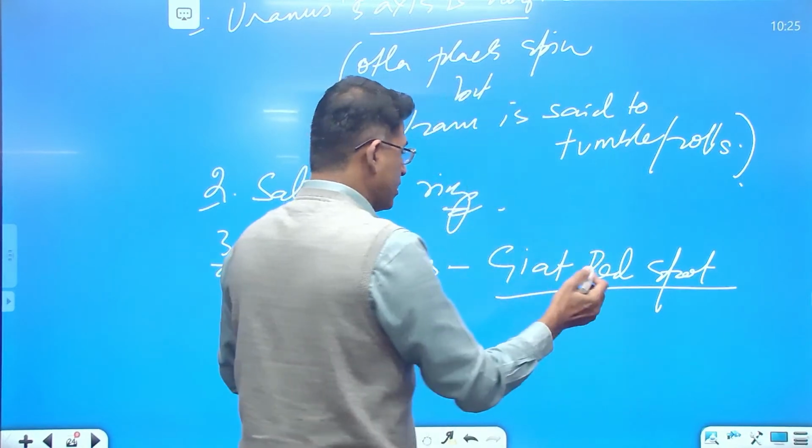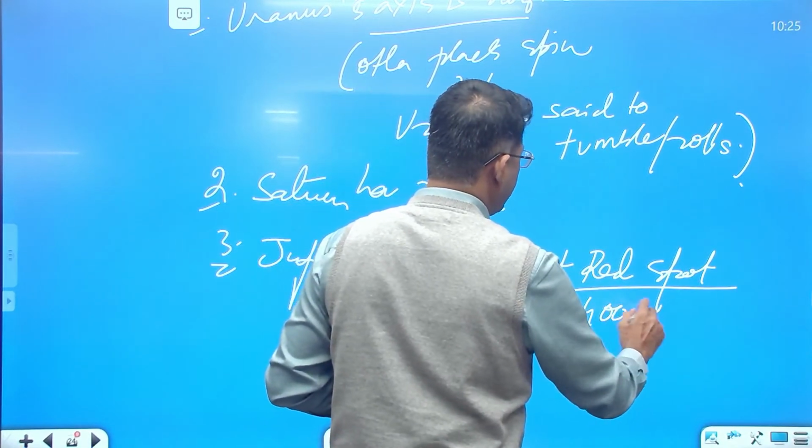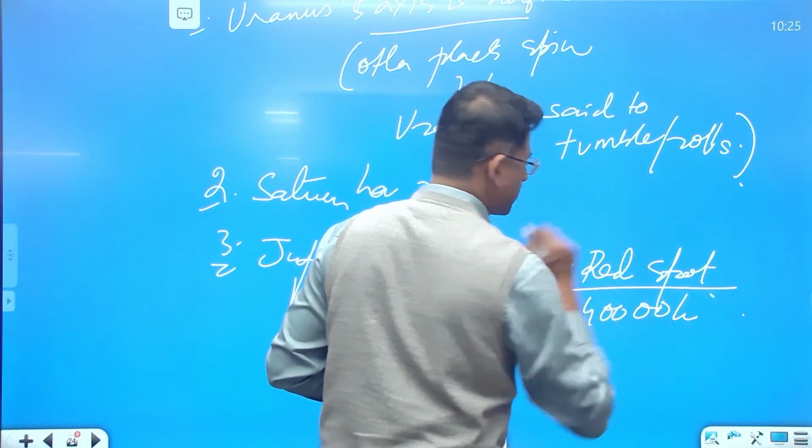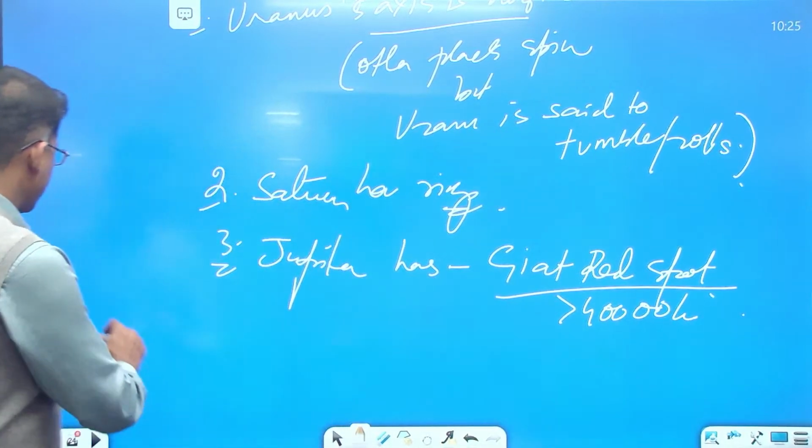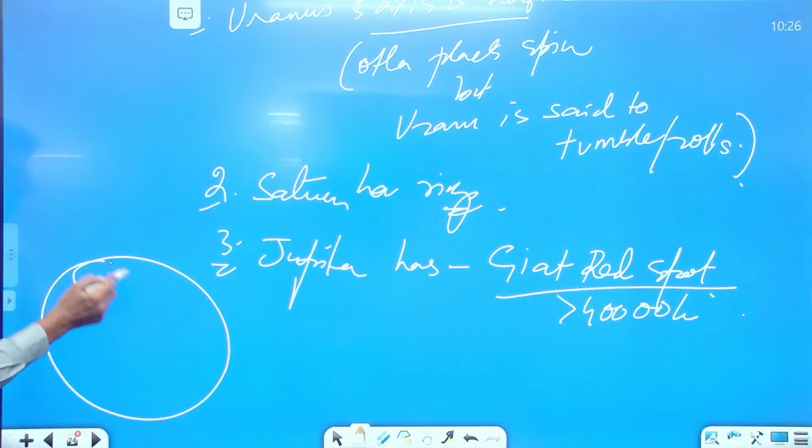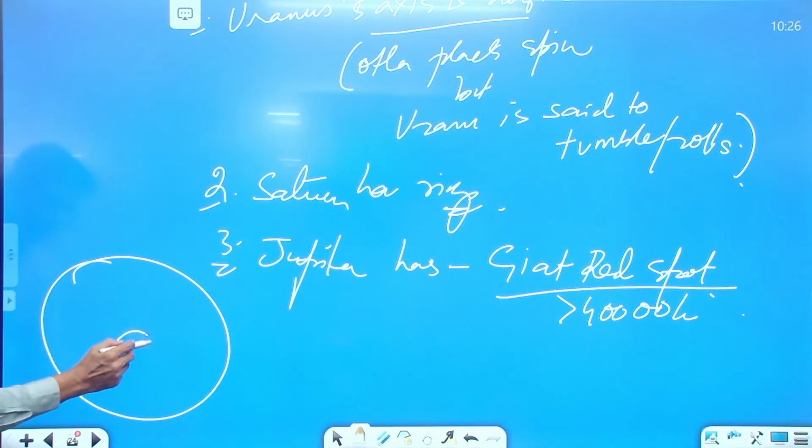Its diameter is more than 40,000 kilometers. Okay, ये अगर Jupiter है, on the Jupiter there is one red spot. It's called the giant red spot.